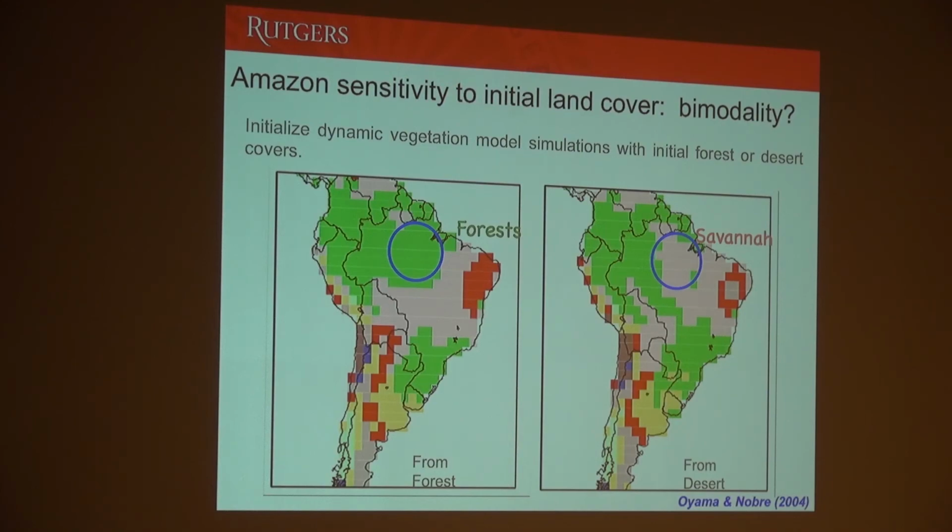I think another place might be the Sahel region, the Sahara-Sahel transition region over Africa, places where the initial state you prescribe in the model can have a big impact on what climate can exist there at equilibrium. So I think with that, I'll stop and take any questions you might have.